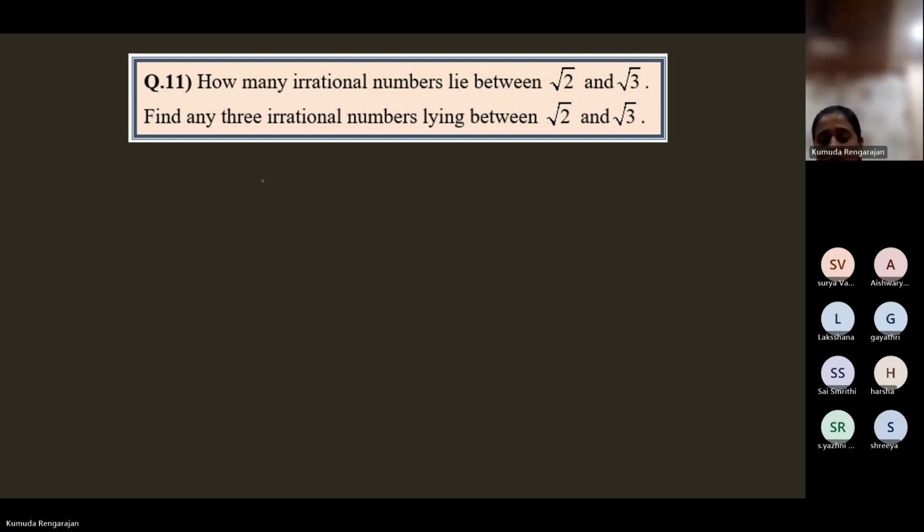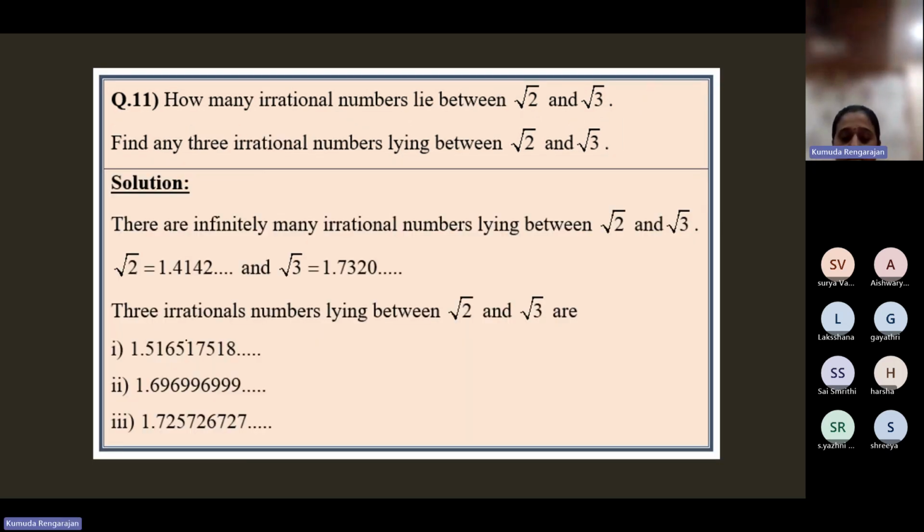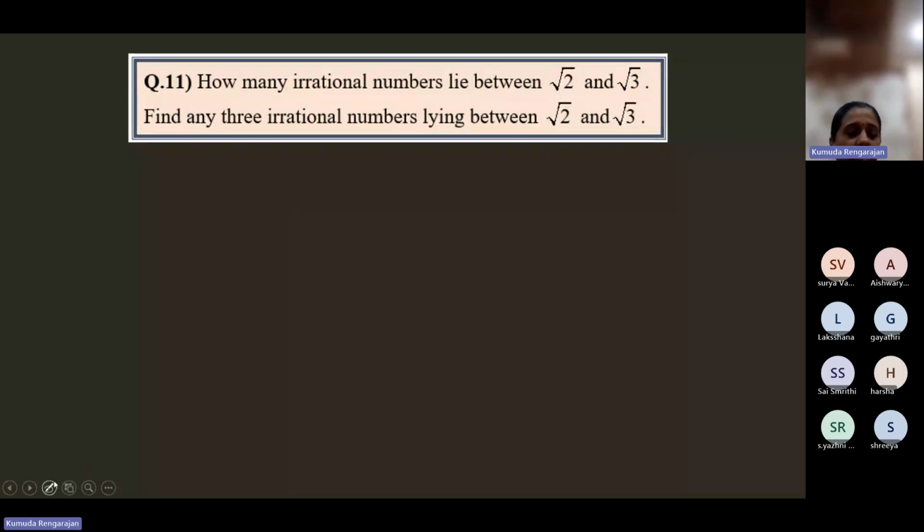Okay. So you know how to find. Actually here you don't have to show the division because you can just remember √2 is equal to 1.414 and √3 is equal to 1.732, and it goes on. You can just use the values directly.